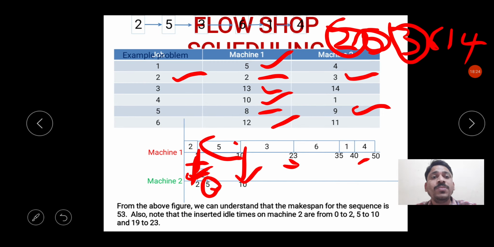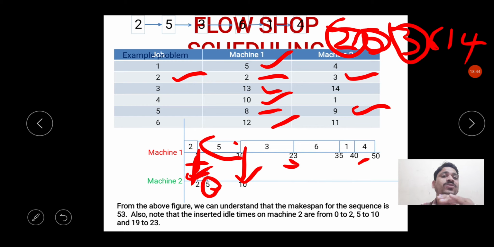Any job, before finishing the process on machine 1, cannot be processed on machine 2, right? So at 10 hours only, job 5, the next job according to the sequence, is coming to machine 2. At what time? 10 hours.